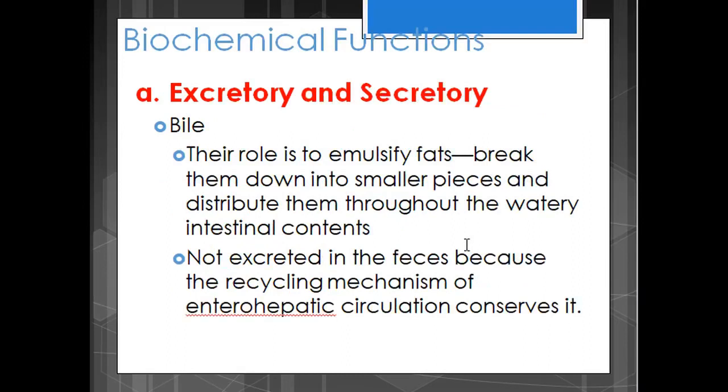So the role of the bile is to emulsify fats, break them down into smaller pieces, and distribute them throughout the watery intestinal contents. The bile is actually a digestive juice that is made in the liver and stored in the gallbladder.